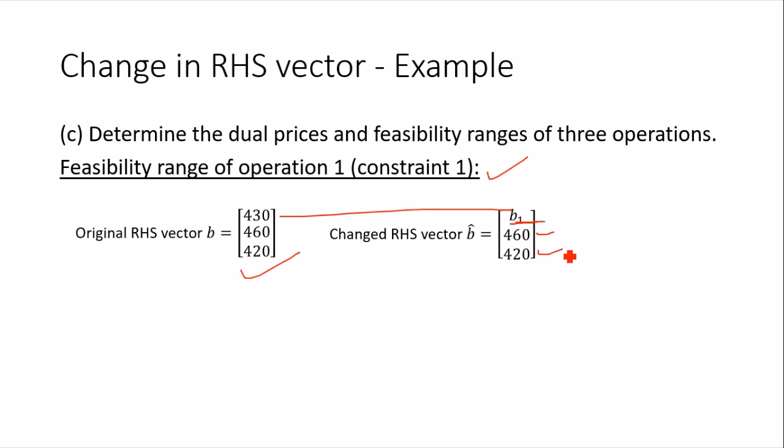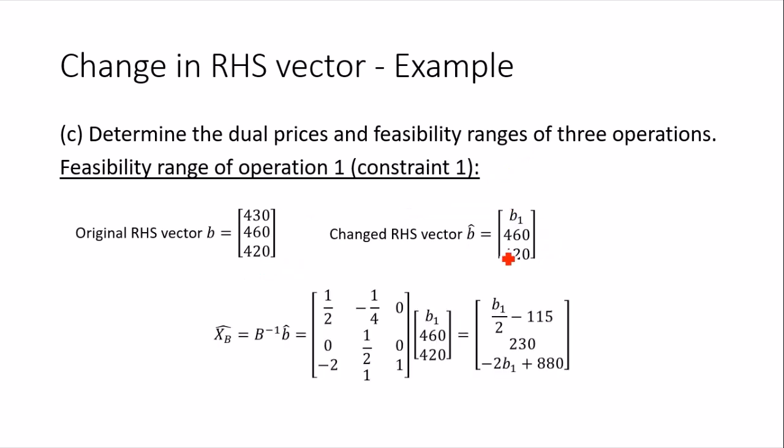So remember, when computing feasibility ranges we can only vary one at a time and keep the other two fixed. Then with this new b hat, I'll compute the new x b hat using the same formula, B inverse into b hat, but this time the solution is not a numeric value; it turns out in terms of the variable b1.